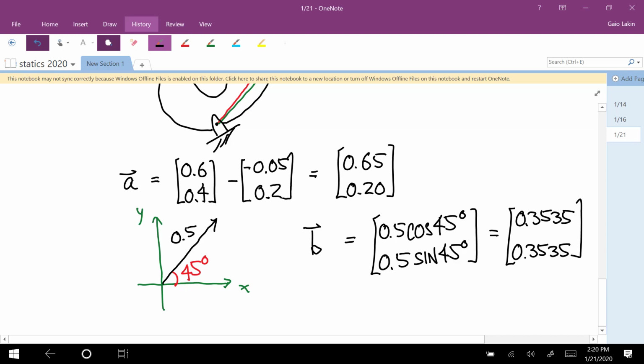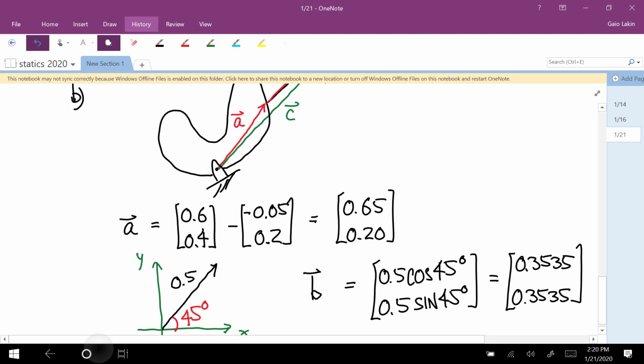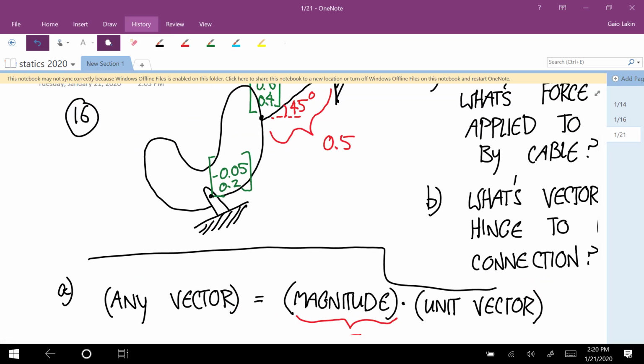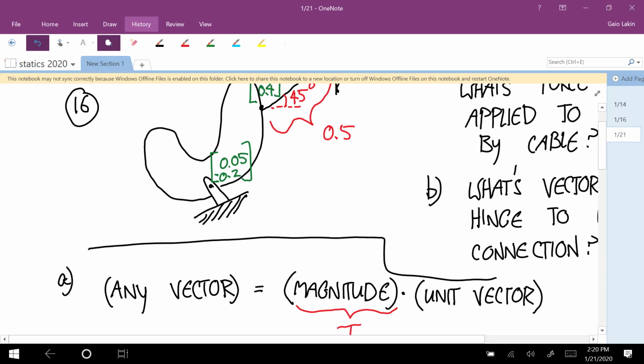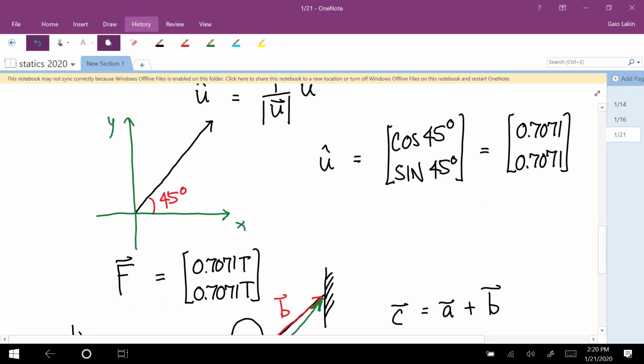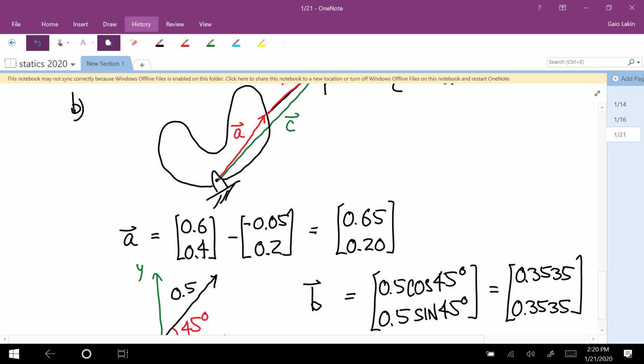Okay, so this is positive, and the 0.2 is negative. Negative, positive.